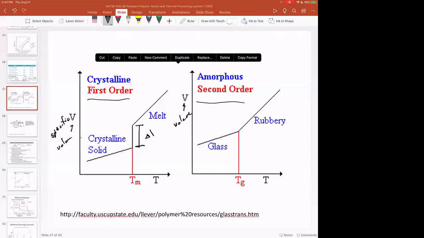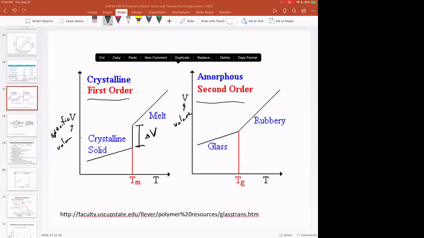So a melt, of course, is hotter, so it has a higher specific volume, and a crystalline solid is lower in specific volume. And so when you crystallize a polymer, it might go from 1 cubic centimeter to, let's say, 0.97 cubic centimeter.